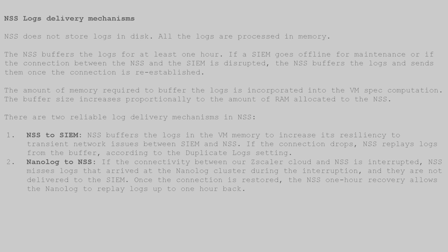That buffering helps when there are connection issues between NSS and the SIEM solution, or even when there are issues between NSS and the SMCA server, which is the Nanolog cluster where the Zscaler logs are stored. If there is an issue with that connection, because of the buffering at the cluster for 1 hour, it can resend these logs again to the NSS server. And that's the delivery mechanism.